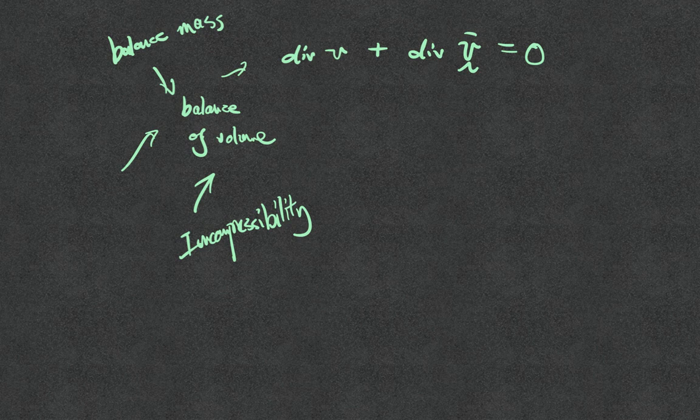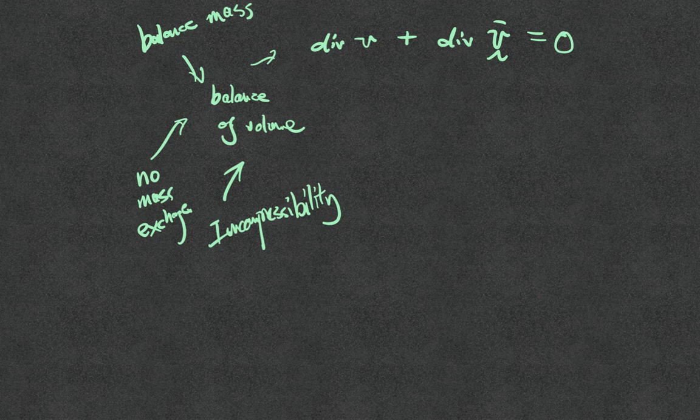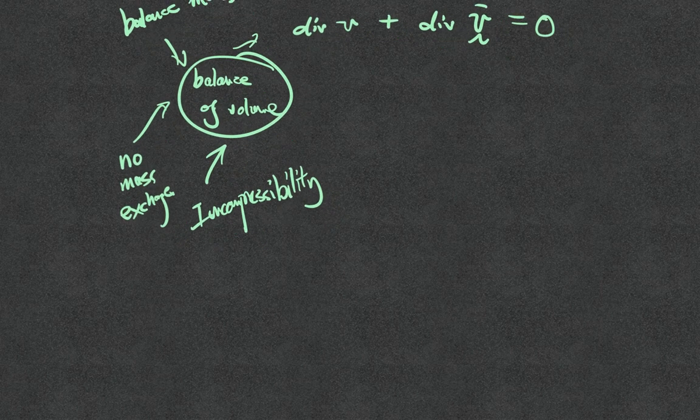Anyway, we use that to derive the equations. So whether this is a necessary ingredient remains to be seen. But so far we can say that these three ingredients give us the balance of volume, and lead to that simplified form that allows us to take out the fluid.